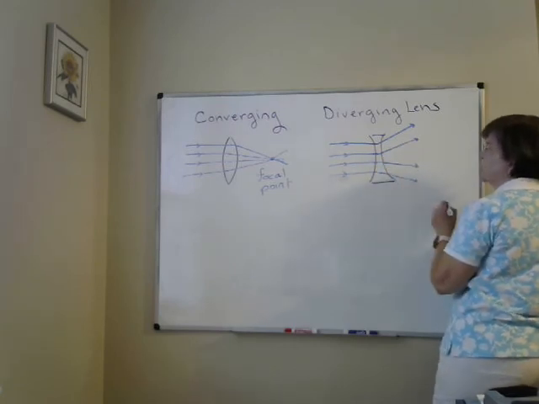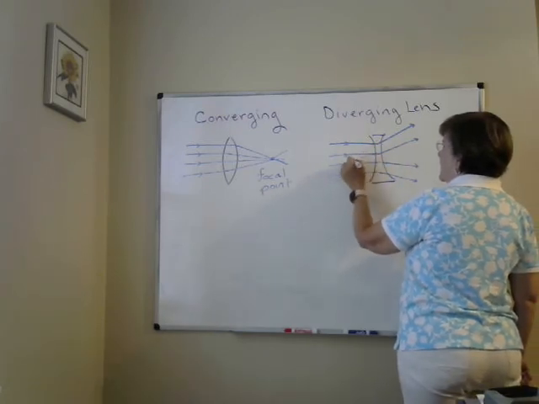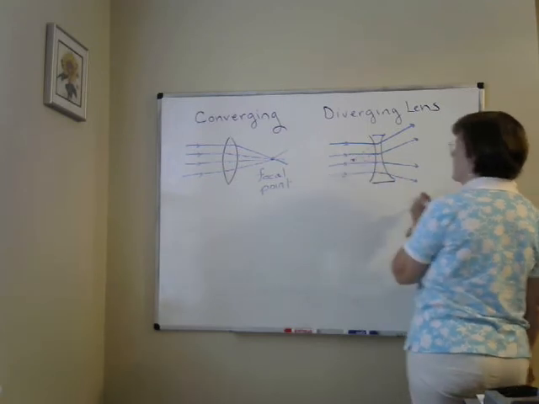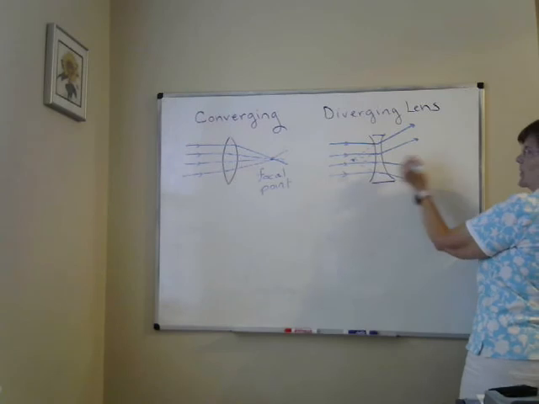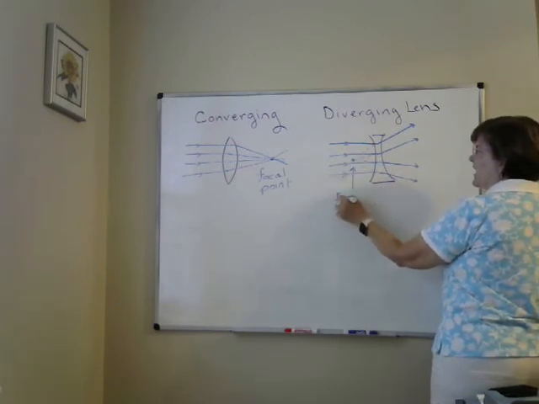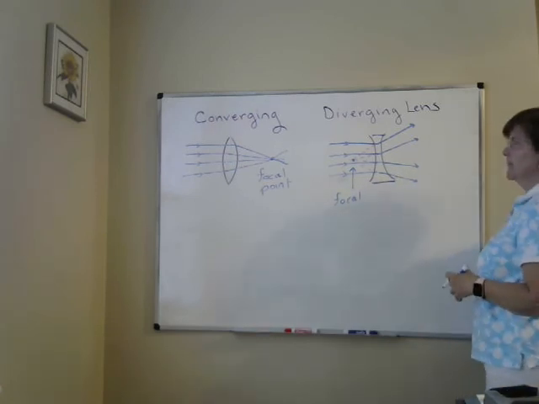But what happens with them is if you trace them back, they also appear to come from the same point. Over here, it actually looks like those rays are all coming from this focal point. There's not actually light focused there, but the light over here appears to come that way.